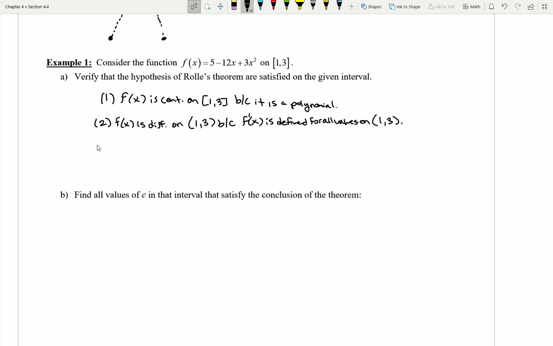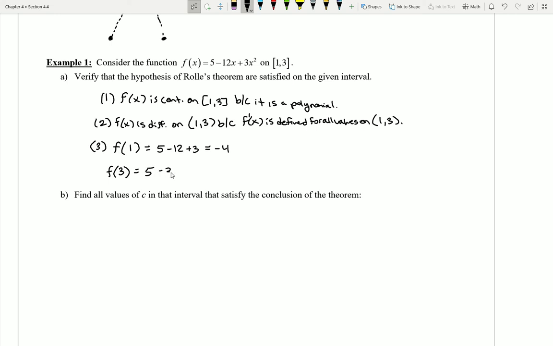The last thing that I have to check is to make sure that on this interval this function starts and stops at the same height. So I'm going to have to check what is f of 1. So let's see, if I plug in 1 here, I'm going to get 5 minus 12 plus 3. This is going to be 8 minus 12. This is negative 4. I'm also going to need to check what happens when I plug in the value of 3.